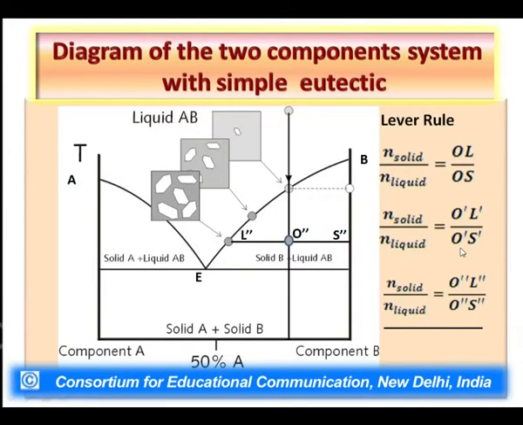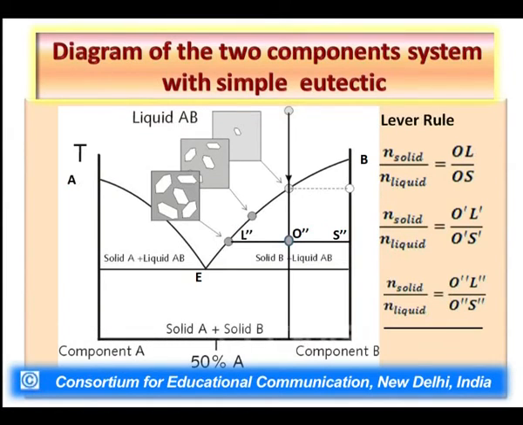So this is what the lever rule is. The lever rule is basically a simple rule which relates the ratio of the lengths of line segments from the overall state point to the two different phases which are connected by the tie line on which the overall state point lies.